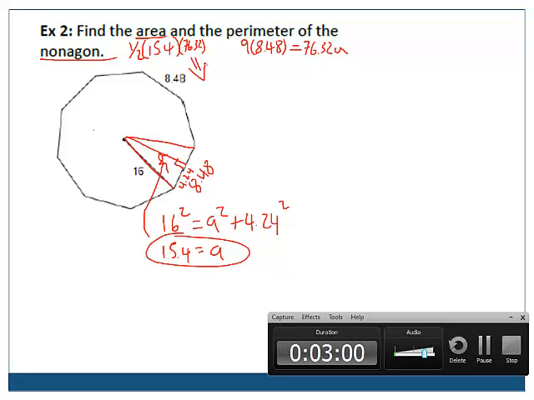That will give you 587.7 units squared. Okay, so that one wasn't too bad. It was a Pythagorean theorem.